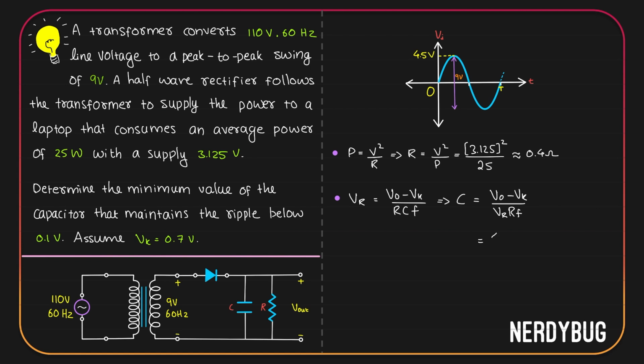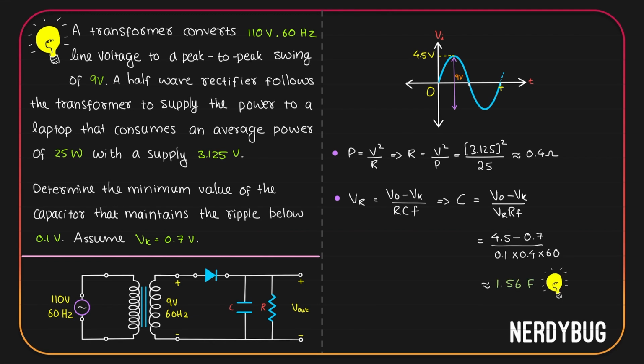Giving values, V0 is 4.5 minus Vk is 0.7, divided by the maximum value VR can take, 0.1, multiplied by the resistance of the load, 0.4, and the frequency of the input, 60 Hz. This is approximately equal to 1.56 farad.